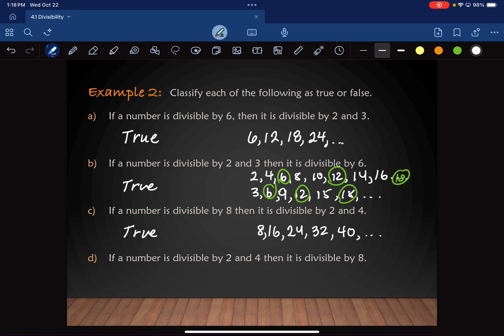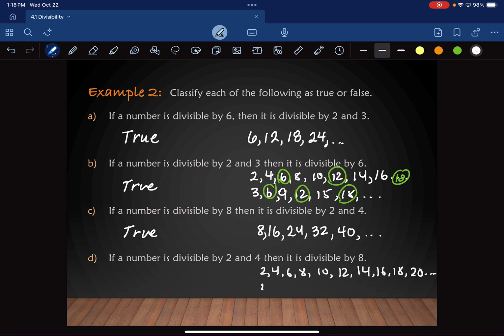Okay, now we're going to do this statement, but in reverse, just like we had done for A and B. If it's divisible by 2 and 4, it's divisible by 8. So we can make a list. 2's, so 2, 4, 6, 8, 10, 12, 14, 16, 18, 20, and of course it keeps going.